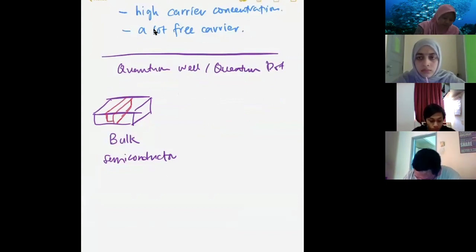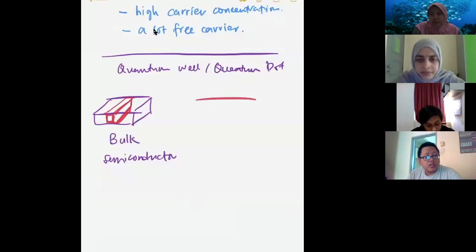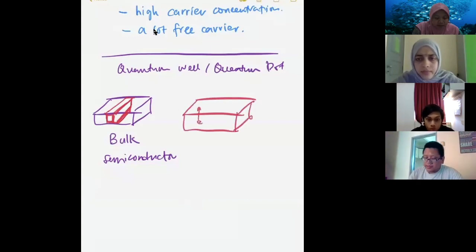It is big. So if I slice this semiconductor like this, I don't know if you can see 3D or not, but if I take a slice of it, even in a bulk semiconductor, the electron travels in all directions.